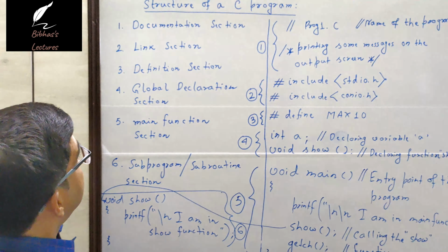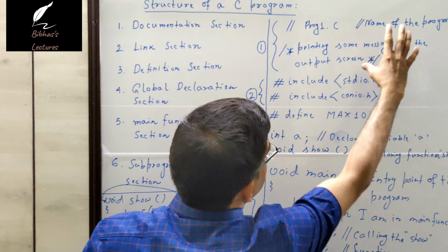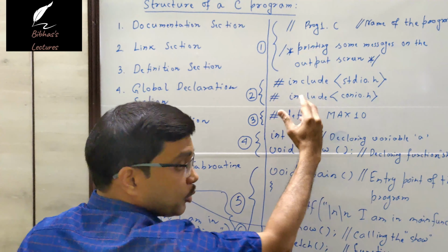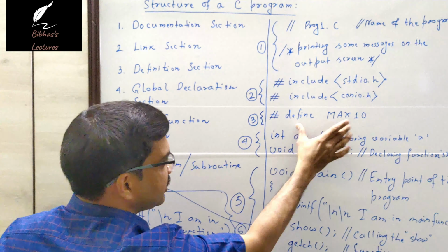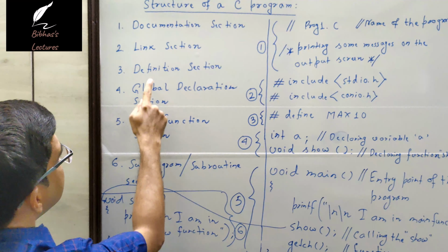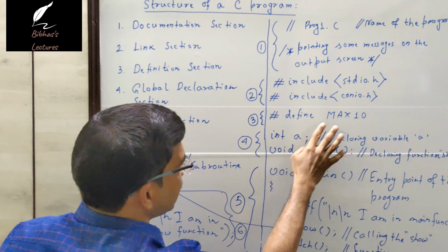Documentation section: this part is written in English sentences. Link section means this inclusion part, the preprocessor directive statements. Then the definition section: this is the macro definition, called #define max.